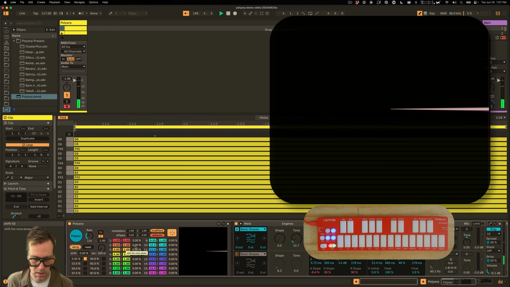So you always hear the note immediately when you have it running that way. You can also reset all of the notes at once with this reset button.